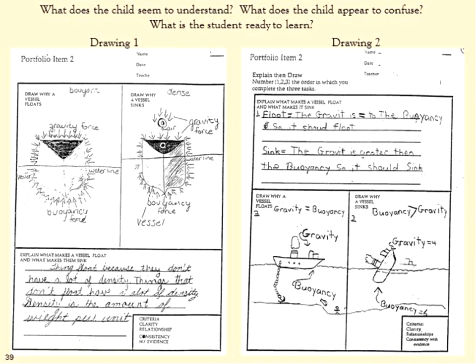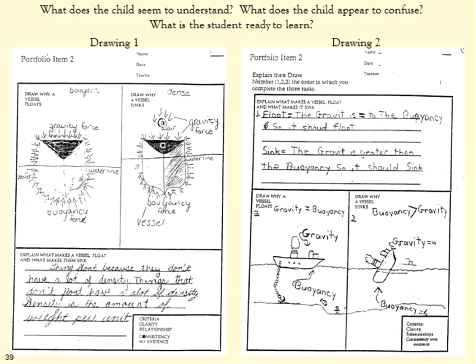Again, this is prior to instruction. This lesson hasn't started. This is what these children knew coming into this unit on looking at the design of vessels that would maximize carrying capacity. We wanted to find out what they knew about why things float and why things sink.